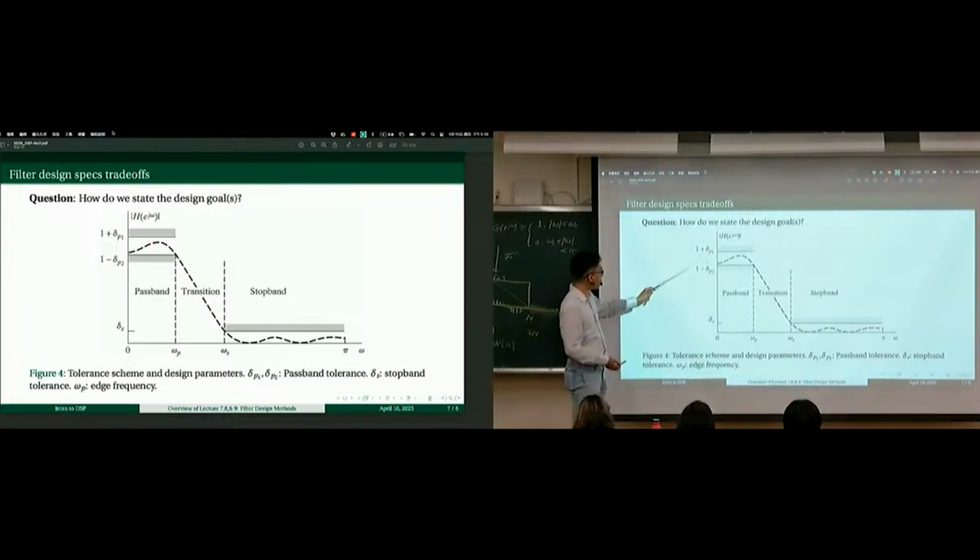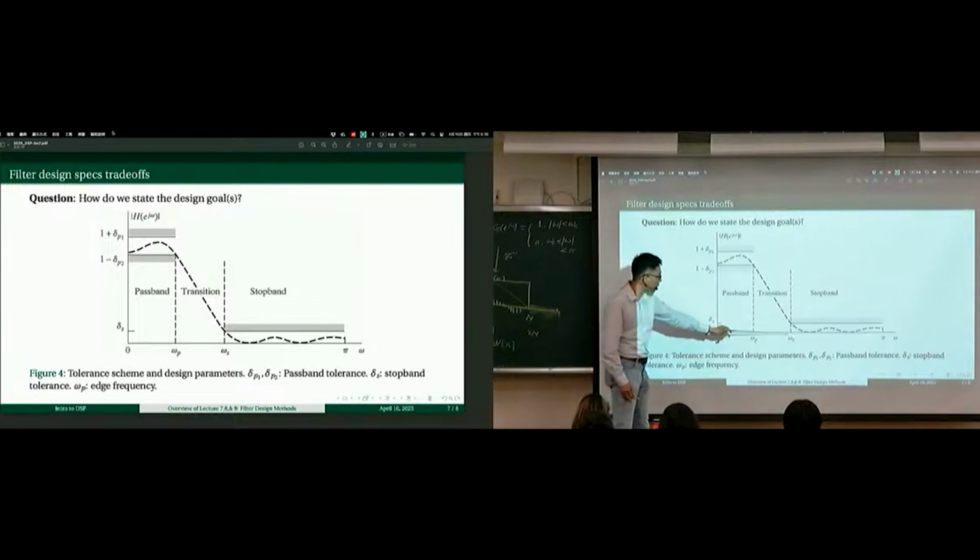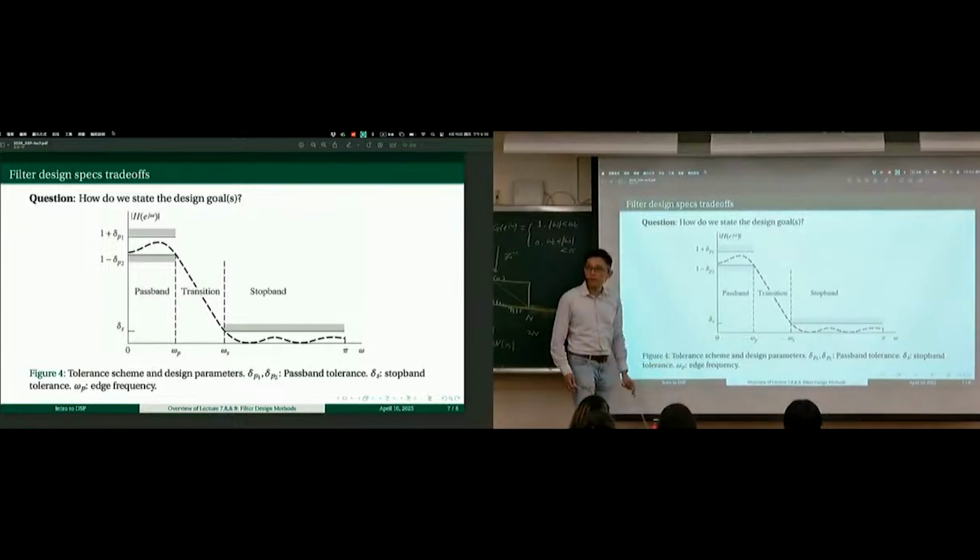So that's 3 tolerance parameters, and you also specify the edge frequency for the pass band and the starting frequency of your stop band at a higher frequency than that. That's the tolerance scheme.